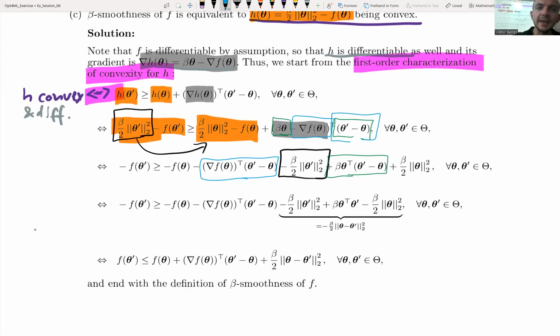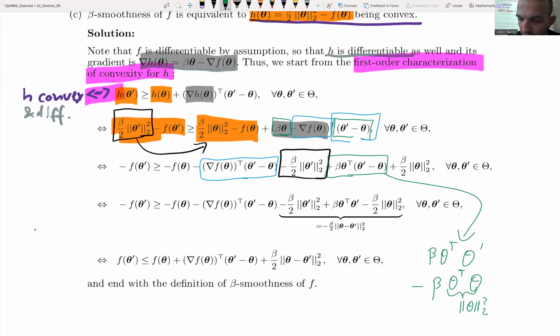But again, making the same arguments as before, this green box here is this. If we write this in more detail, it's the inner product of theta with theta prime times beta minus beta times the Euclidean norm of theta.